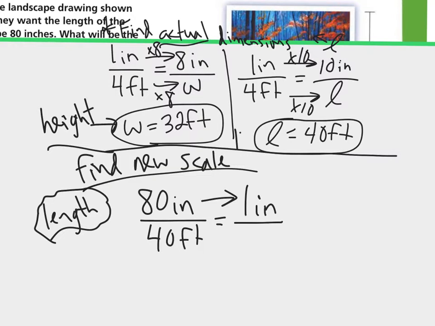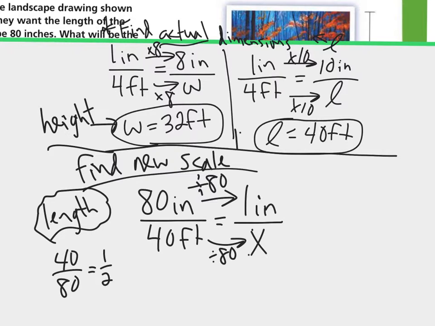So whatever you want to put for your number here, but this would be dividing by 80. 80 divided by 80 is 1. And so 40 divided by 80, you could write it as a fraction if you want. That's the same as a half or 0.5. So whichever you want to put for that.